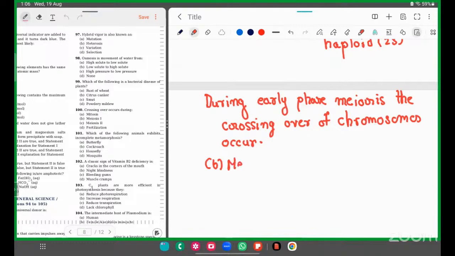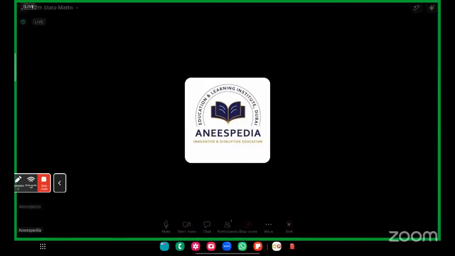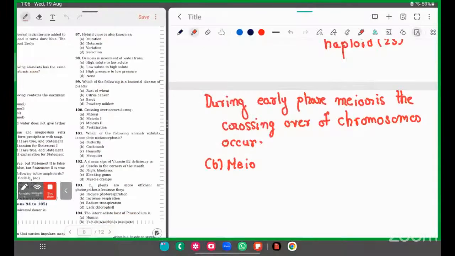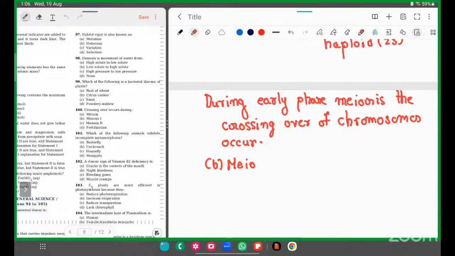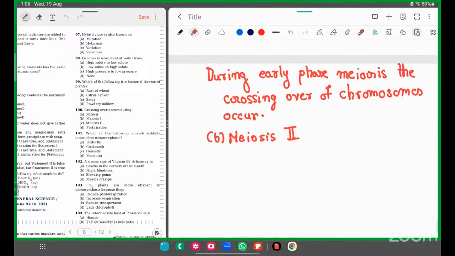In meiosis second, the cell prepares itself for replication in large number. So B, meiosis second, will not be the answer.